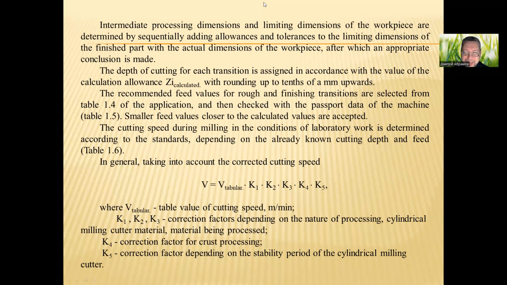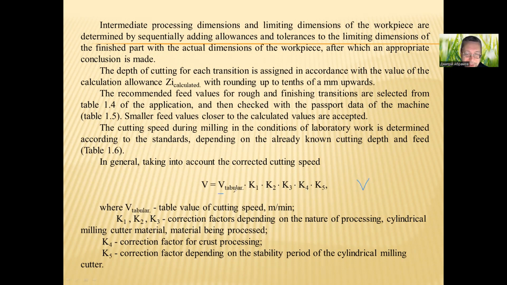In general, taking into account the corrected cutting speed, V will be equal V tabular multiplied by K1, by K2, by K3, by K4, and by K5. Write down this formula.